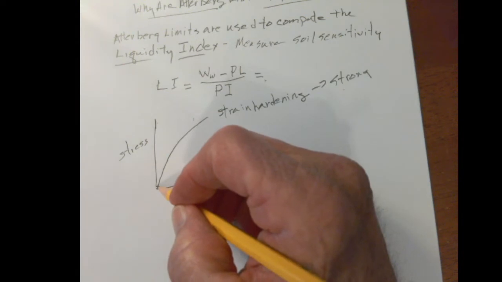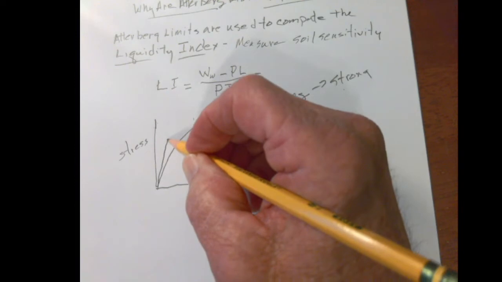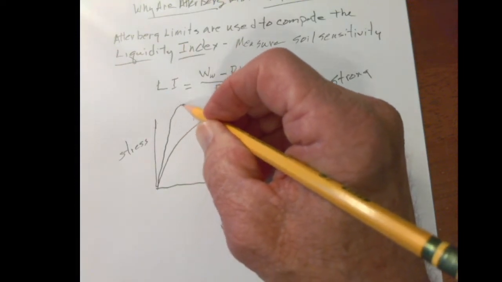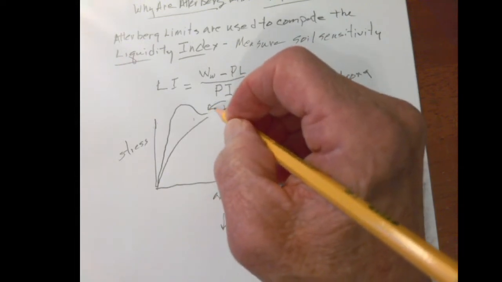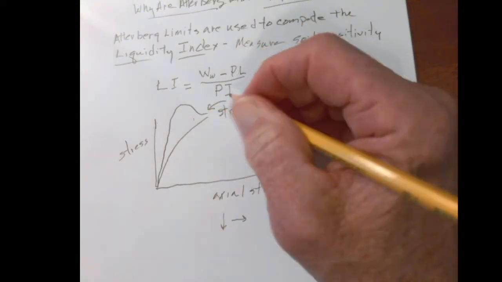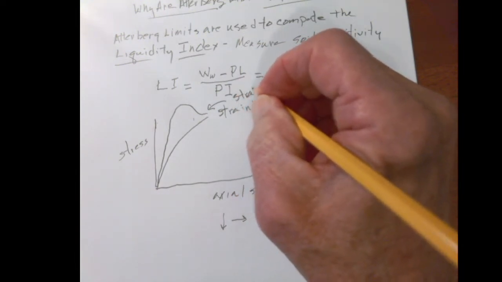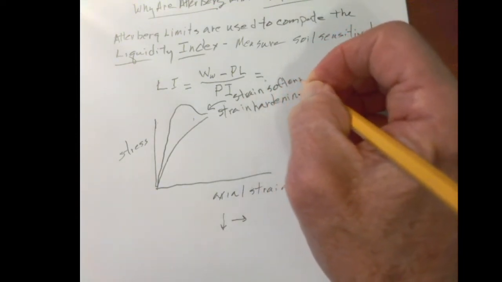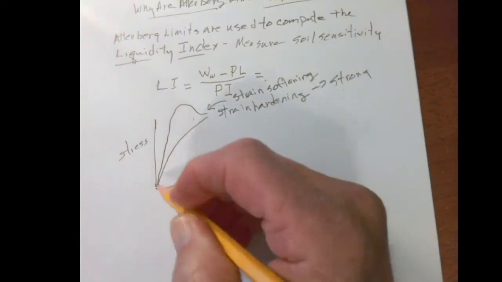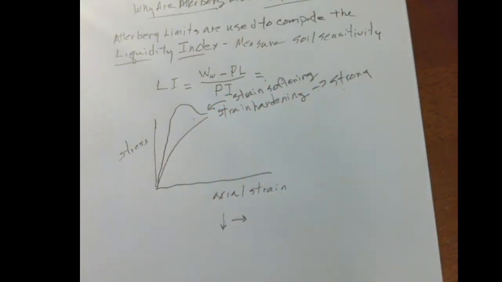And then it has some soil measurements that plot out like this. And this would be strain softening. In other words, it does okay, and at one point it starts to weaken. So you would be wanting to investigate that soil further.